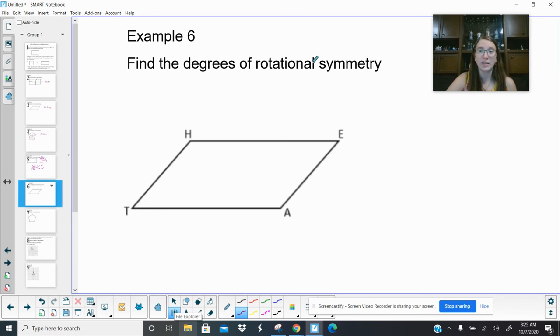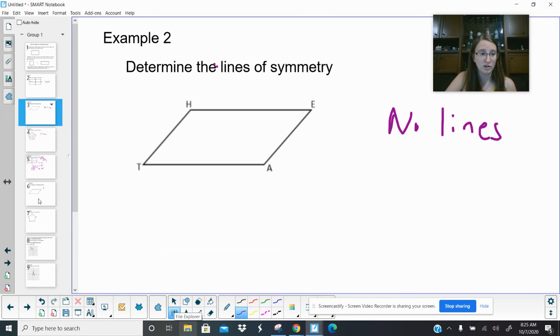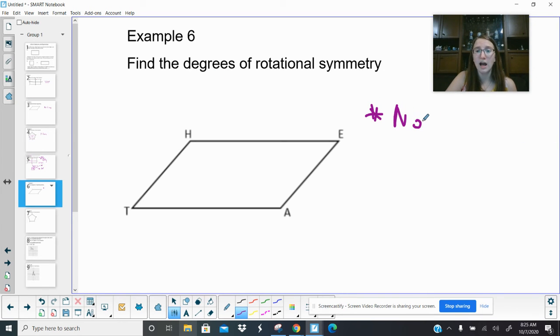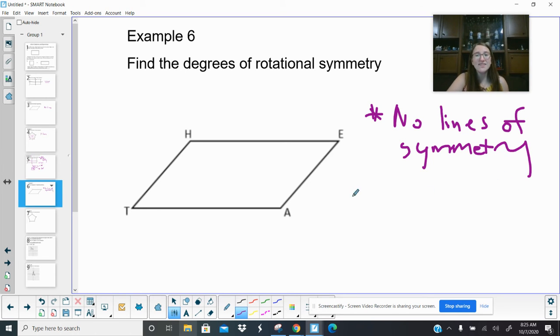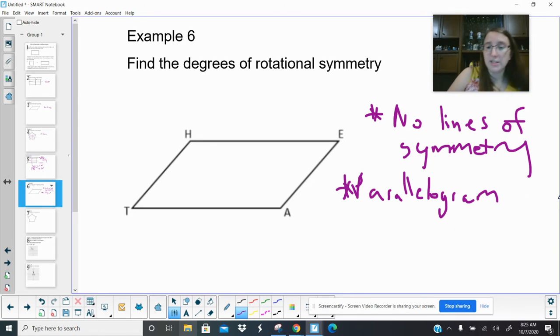This is a special case. You might want to add this in your notes. Even though, which we found earlier, there are no lines of symmetry, a parallelogram actually does have one case of rotational symmetry.